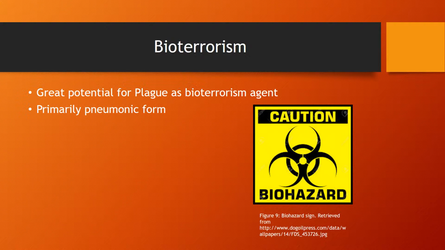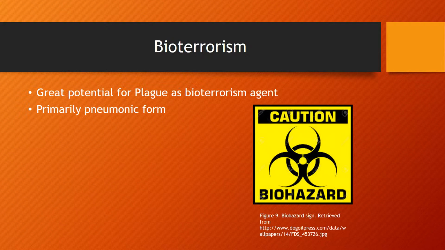The plague is an agent that is on the list of organisms that we're worried about for bioterrorism. The reason is that if it was made into an aerosolized form, then we could have a situation where the pneumonic form of the plague is what is being caused.